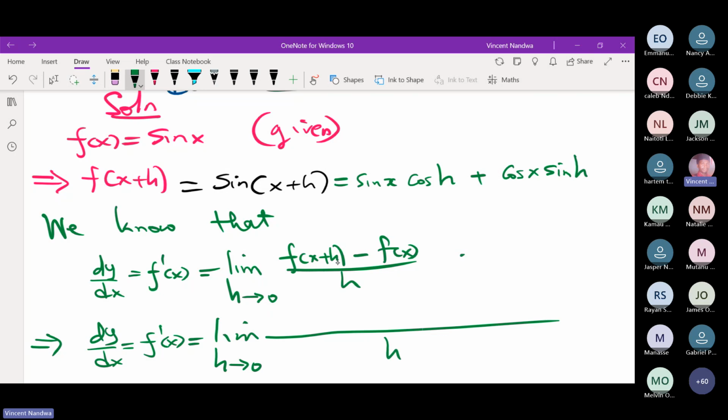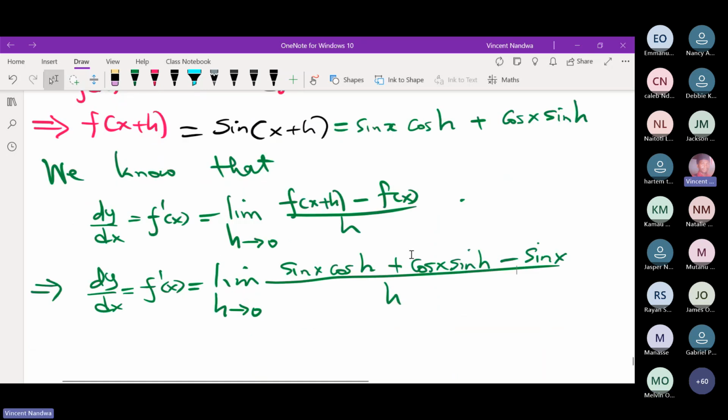The denominator remains h. The numerator will be sine x cos h plus cos x sine h minus f of x, which is sine x. That is just by definition when we replace f of x plus h and f of x. I hope up to that point we are together.